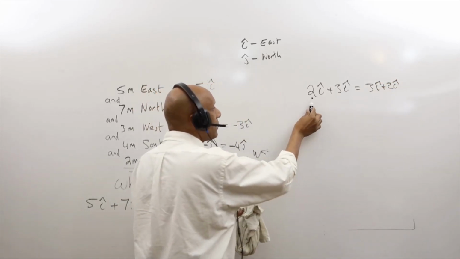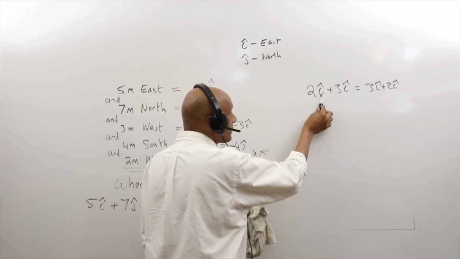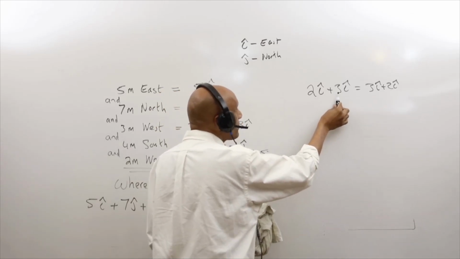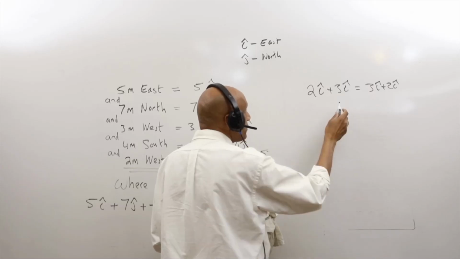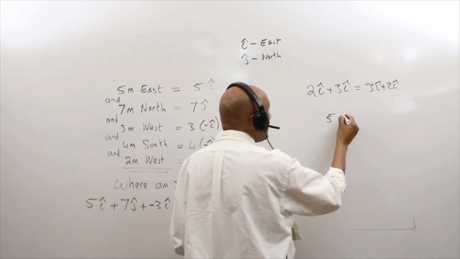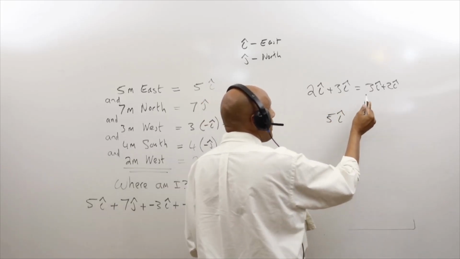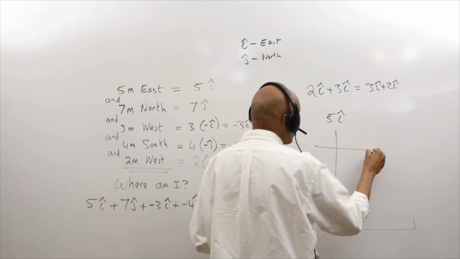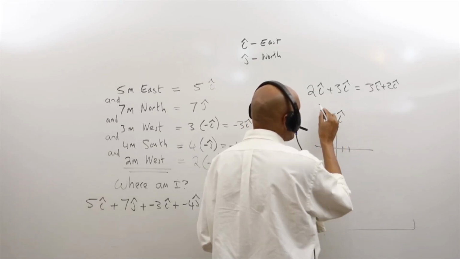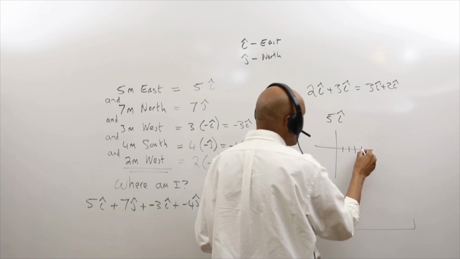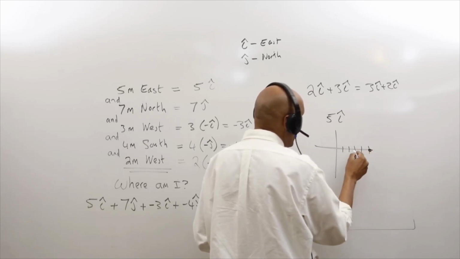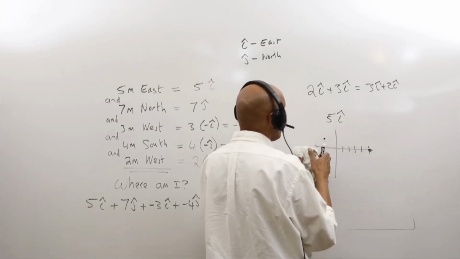This is saying travel 2 meters east followed by 3 meters east. So you'd be at the point 5 meters east. If I draw it graphically, I travel 2 meters east, and now I travel 1, 2, 3, I'm over here. Where am I? I'm 5 meters east.